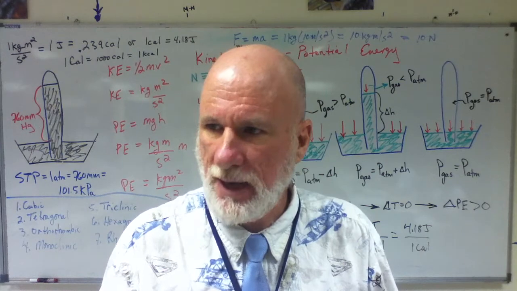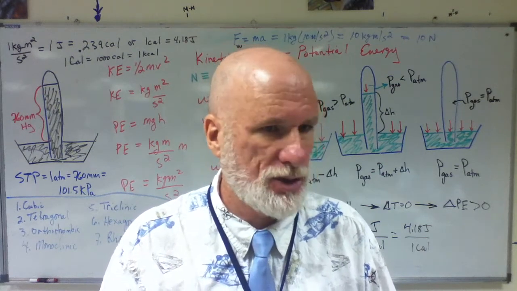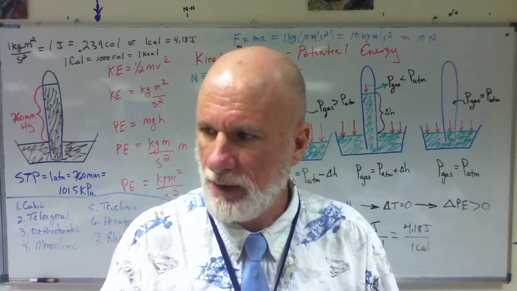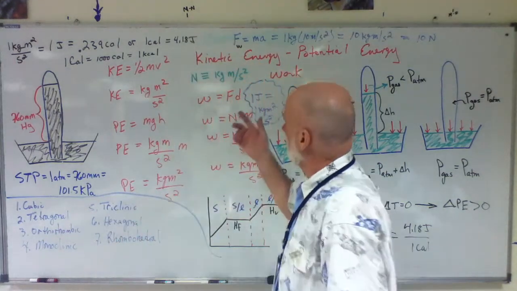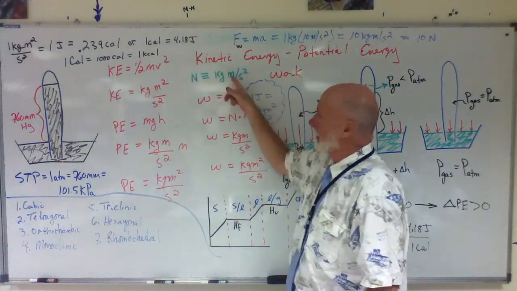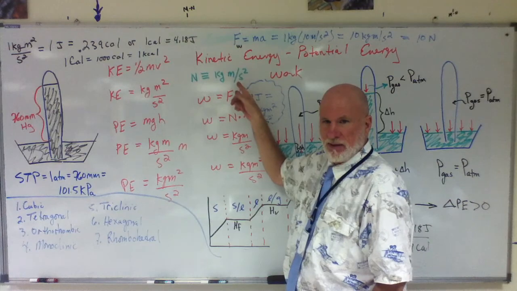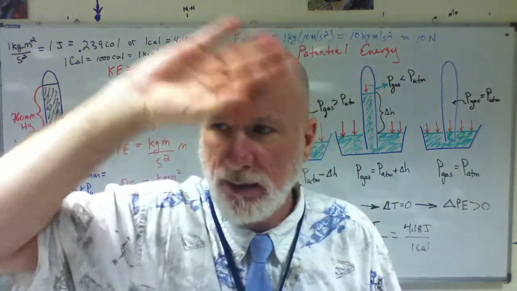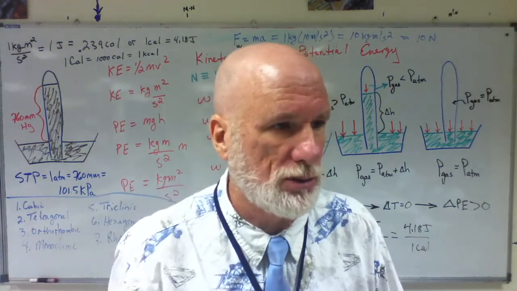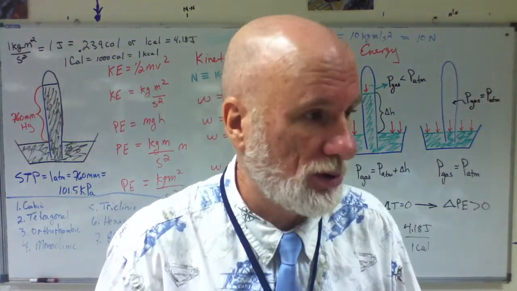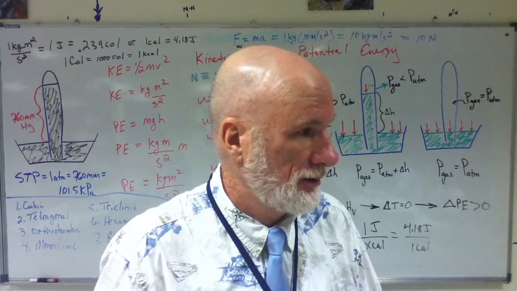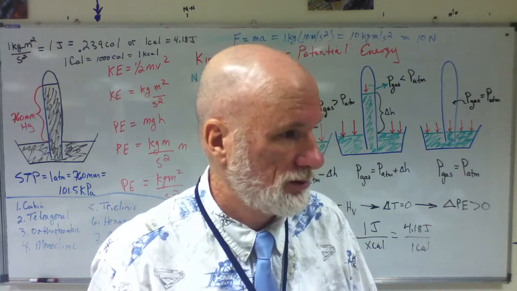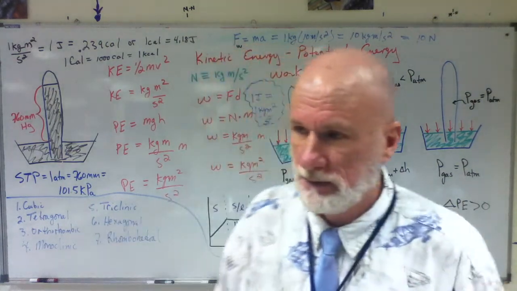Do you go around saying kilogram meters squared per second squared? That would be a little bit boring, right? Instead of saying kilogram meters per second squared, we say Newton. Is there a name for kilogram meter squared per second squared? Joule. And there was a guy by the name of Joule. Mr. Joule.